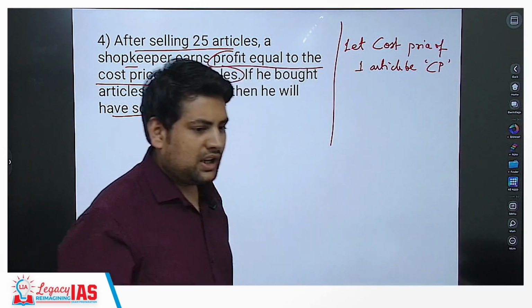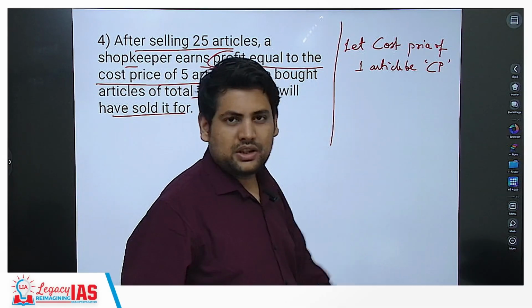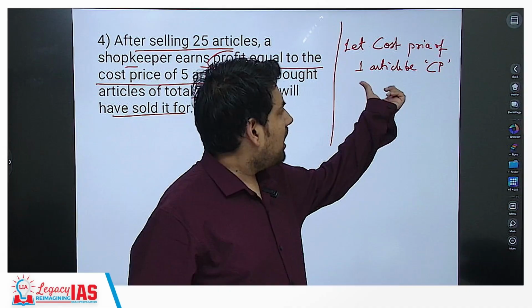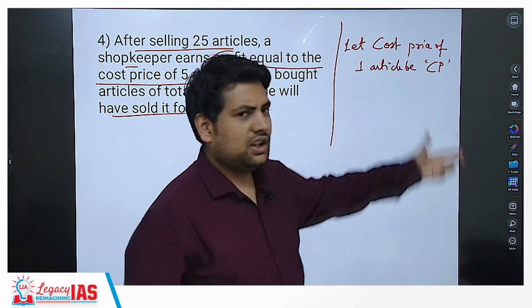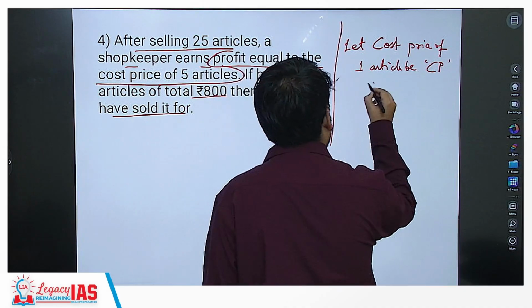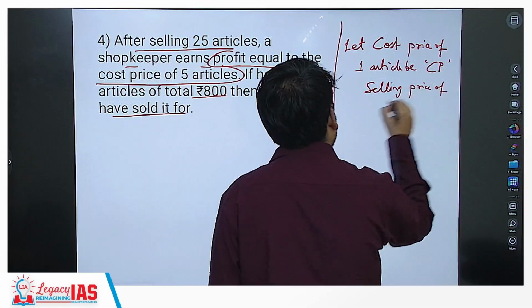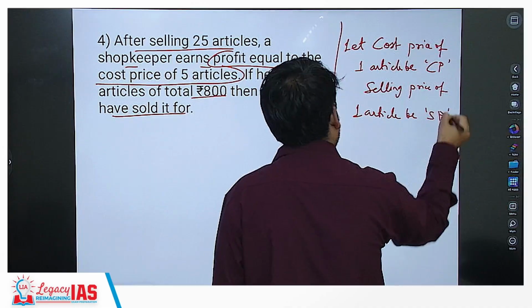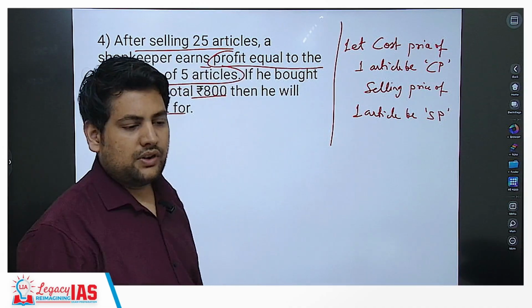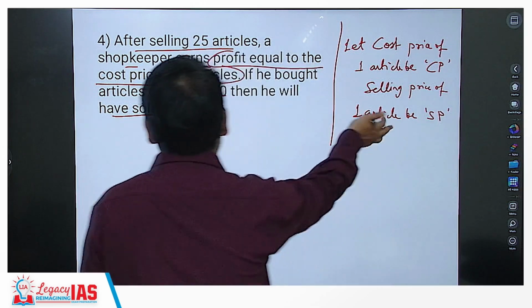So I assume that cost price of 1 pen is CP, not the total cost price of all the pens. Cost price of one article or one pen, whatever is given here. So cost price of one article is CP. Similarly, selling price of one article be SP. Correct? Once you see this CP and SP, that is for 1 and 1, now you can write it very easily.